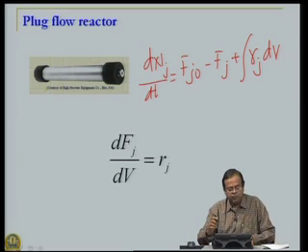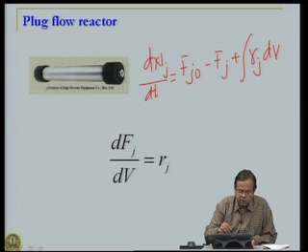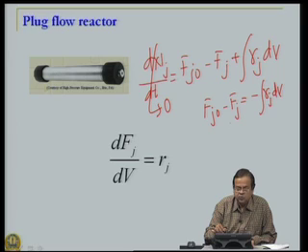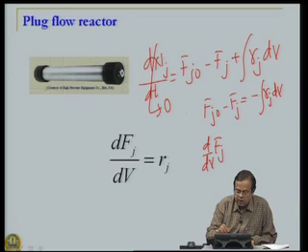So, we can simplify this mass balance equation at steady state. This is 0, and we have Fj0 minus Fj, which is minus integral Rj dV, and we can differentiate this with respect to V. Fj0 is fixed.